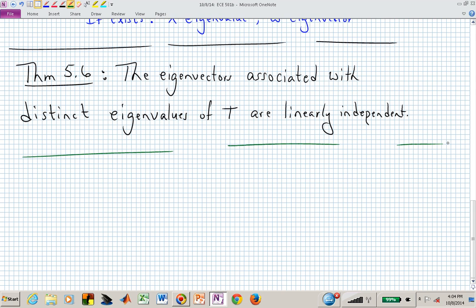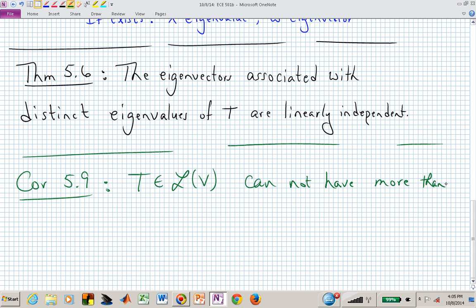We proved that last time. Let's now look at corollary 5.9, or really just state this. This says that given a linear operator T, that linear operator cannot have more than the dimension of your underlying vector space V distinct eigenvalues.